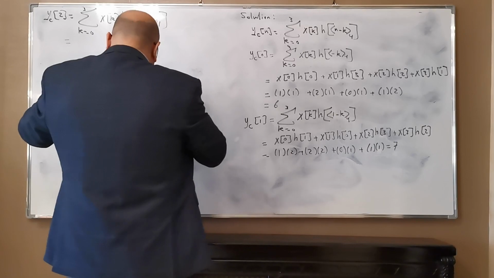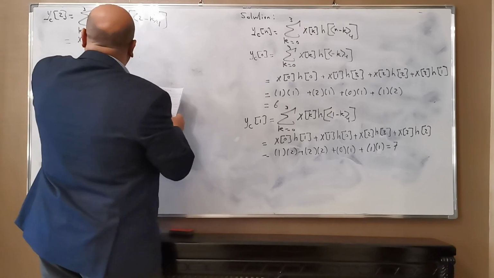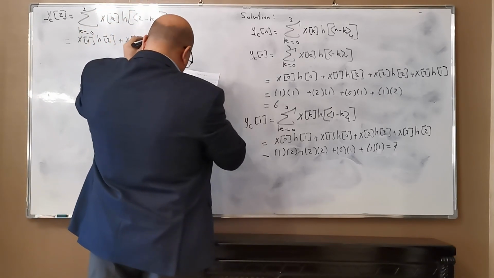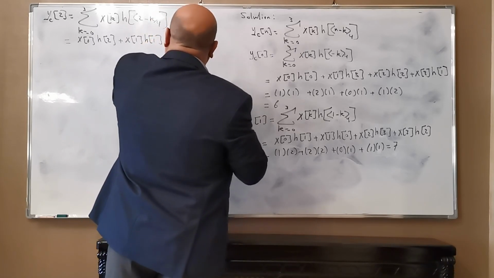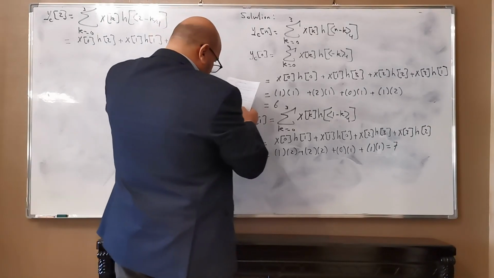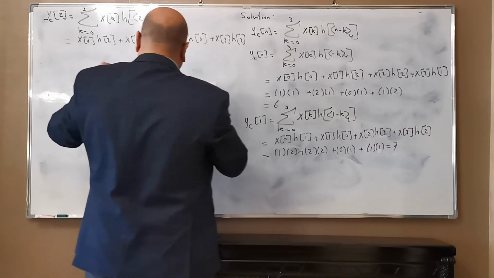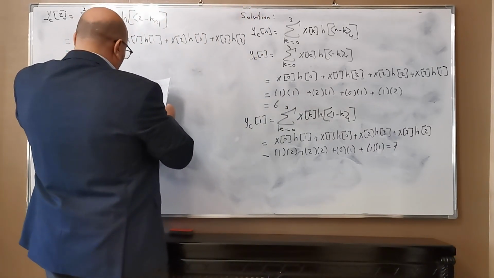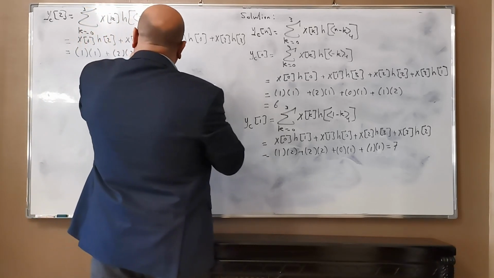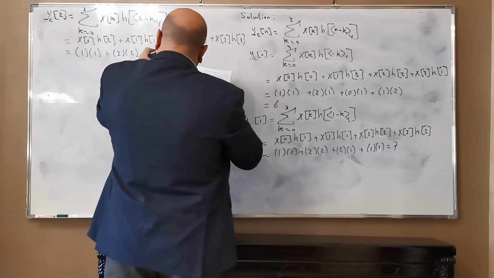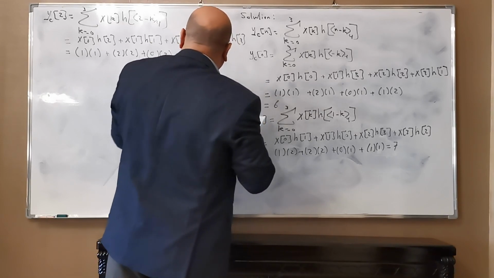This is also equal to x of 0 times h of 2, plus x of 1 times h of 1, plus x of 2 times h of 0, and the last one is x of 3 times h of 3. By multiplication, 1 by 1 plus 2 times 2 plus 0 times 2 plus 1 times 1, and this is also again equal to 6.